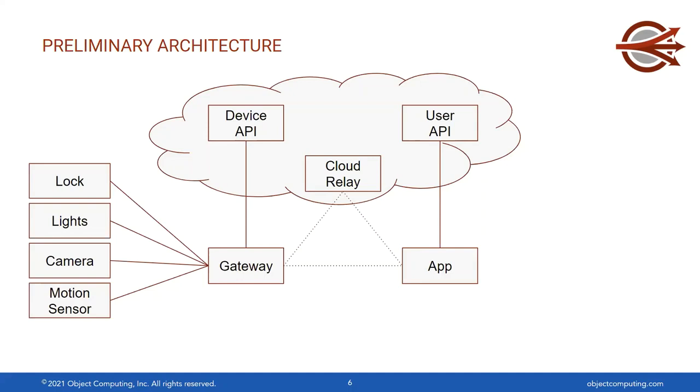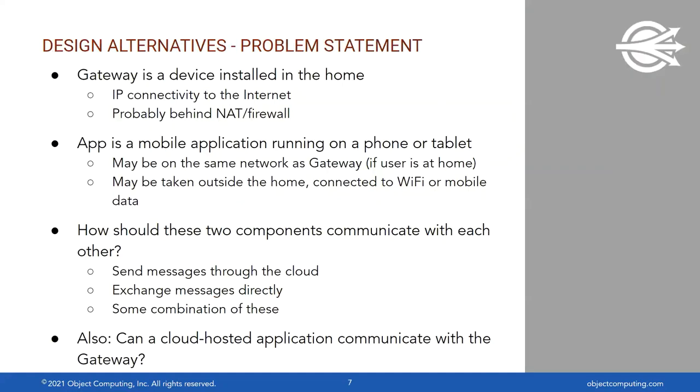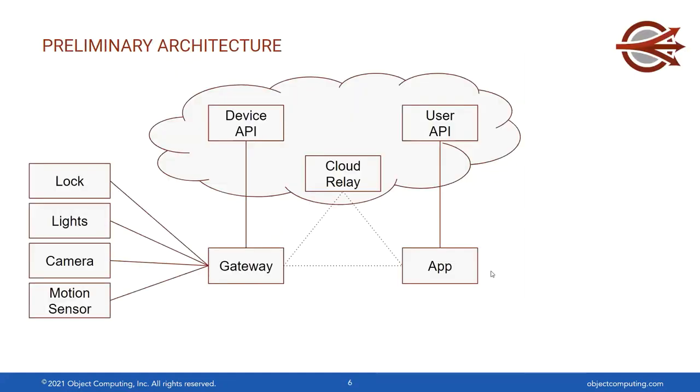And so the problem to be solved here is essentially this dashed triangle in the middle. What kind of technologies do you want to use to have the app communicate with the gateway, either directly along this horizontal dashed line or with the help of components running in the cloud?